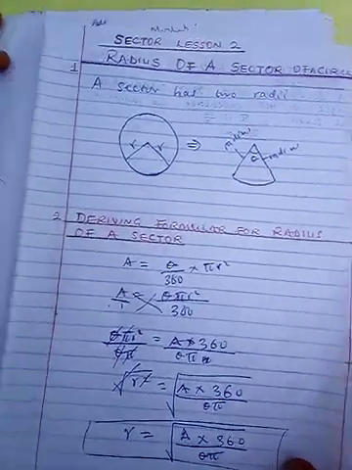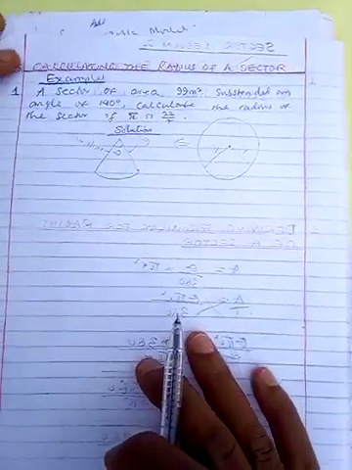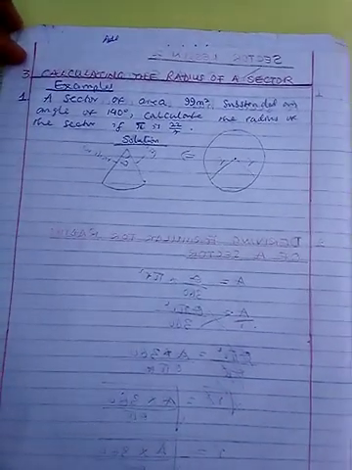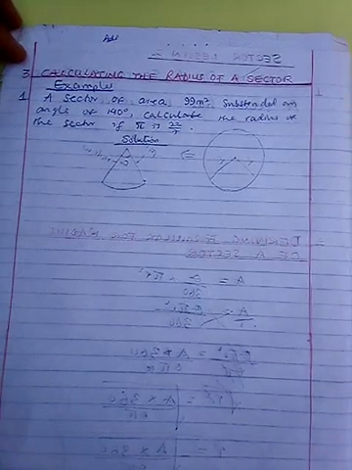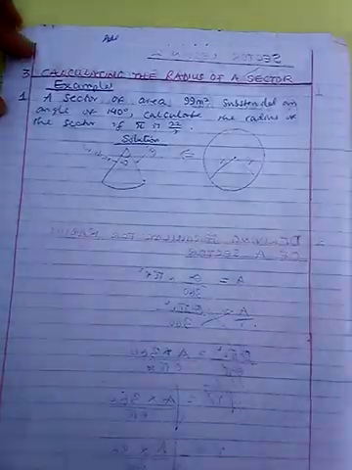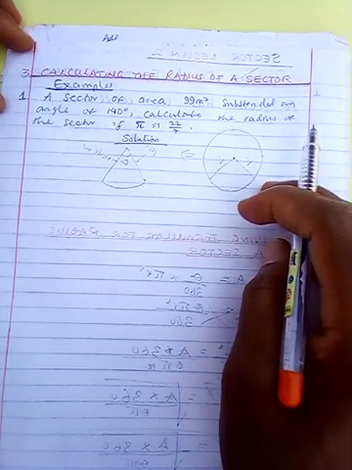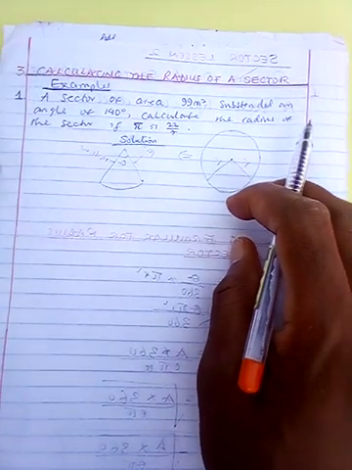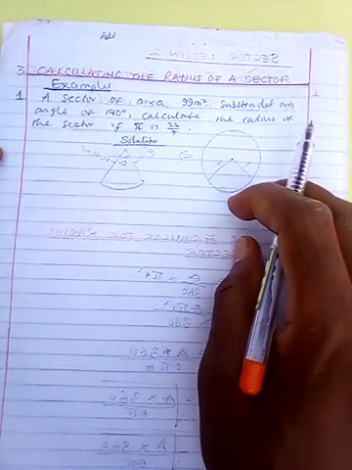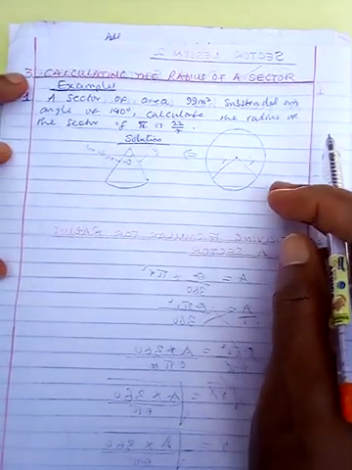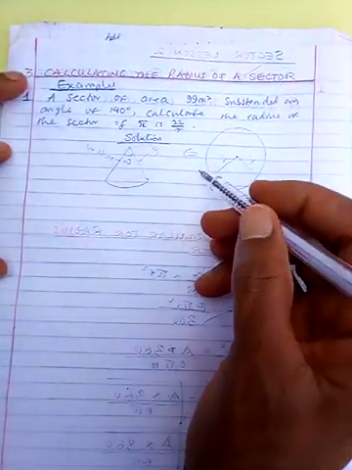Now we are going to move on by solving a problem on finding the radius of a sector. Here we have a question that says a sector of area 99 meters squared subtends an angle of 140 degrees. Calculate the radius of the sector if pi is 22 over 7.